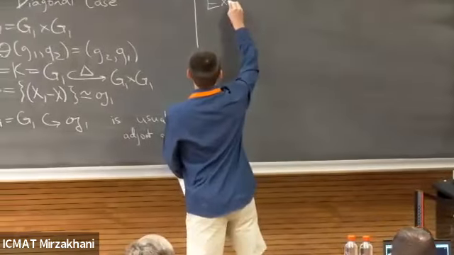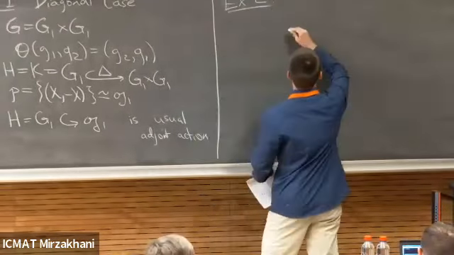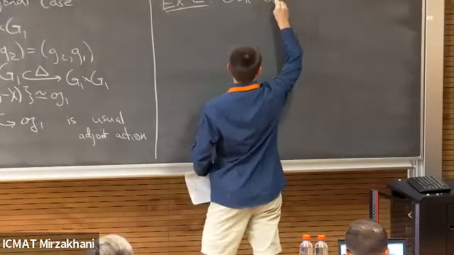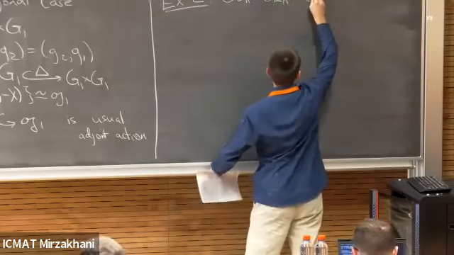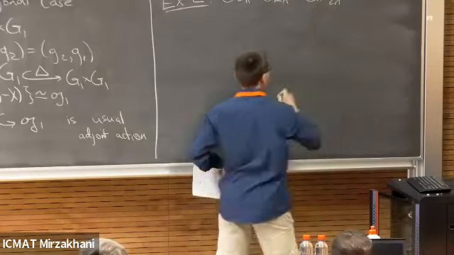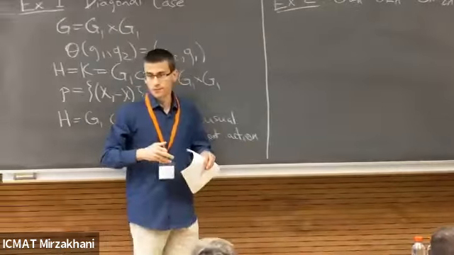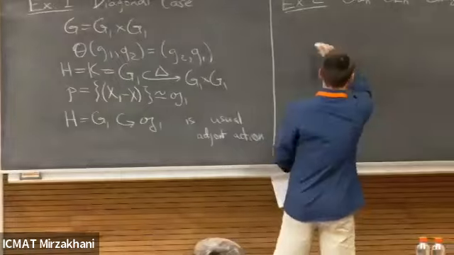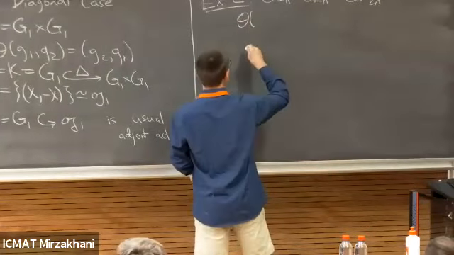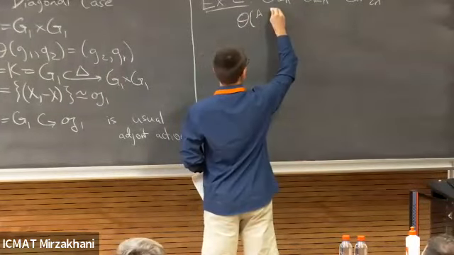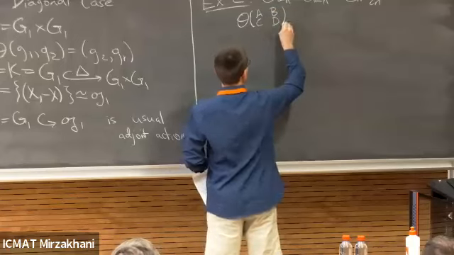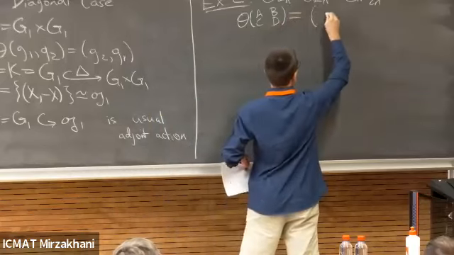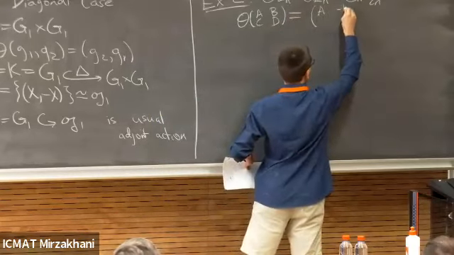And I have another motivating example here. I'll refer to this as the GLN cross GLN inside of GL2N case. If you are familiar with real forms, this is related to what's called the U(n,n) real form. My involution on 2n by 2n matrices, on n by n blocks, is given by negating the off diagonals.